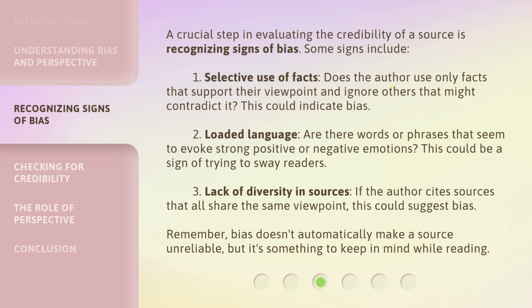Are there words or phrases that seem to evoke strong positive or negative emotions? This could be a sign of trying to sway readers. 3. Lack of diversity in sources. If the author cites sources that all share the same viewpoint, this could suggest bias. Remember, bias doesn't automatically make a source unreliable, but it's something to keep in mind while reading.